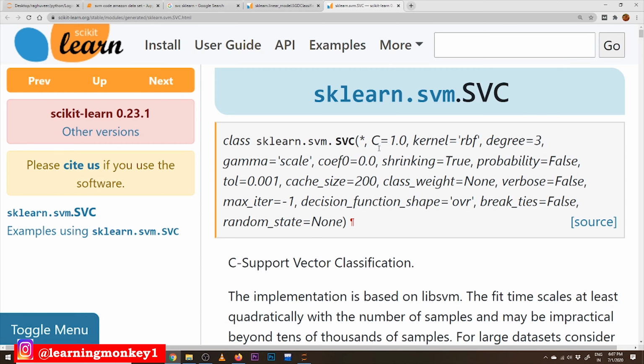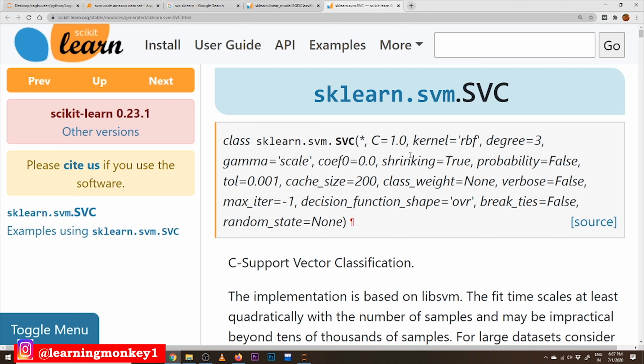Here C is equal to 1.0 by default, and the default kernel function is RBF. We discussed the C value and kernel functions in our previous classes, hoping that you already watched them, so we are not discussing them again.